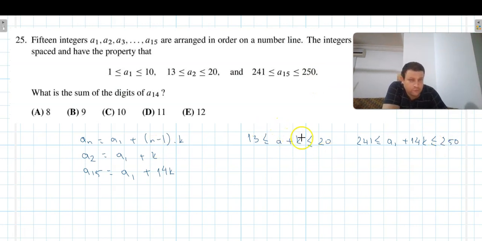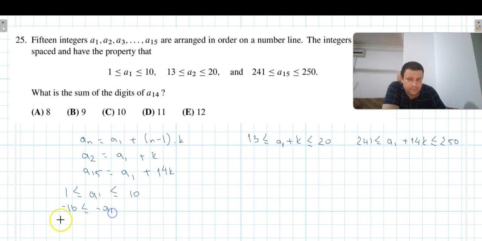Then I will try to find K. That's why I need to subtract A1. But we know that A1 is between 1 and 10. Since I need to subtract it, I need to multiply both sides by -1. All signs are going to change, so the less than sign will be a greater than sign.